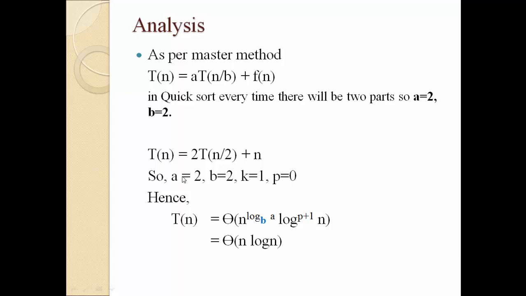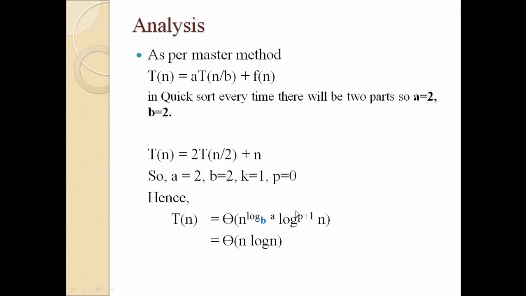Put all these values, a is equal to 2, b is equal to 2, k is equal to 1, p is equal to 0, in this equation, and based on the conditions of the master theorem, we get T of n is equal to theta of n raised to log base b of a, times log raised to p plus 1 of n.